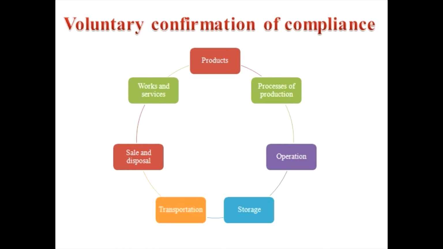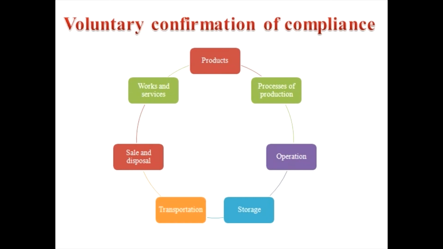Voluntary confirmation of compliance. The objects of voluntary conformity assessment are products, processes of production, operation, storage, transportation, sale and disposal, works, and services, as well as other objects for which standards, voluntary certification systems, and the contracts establish requirements.